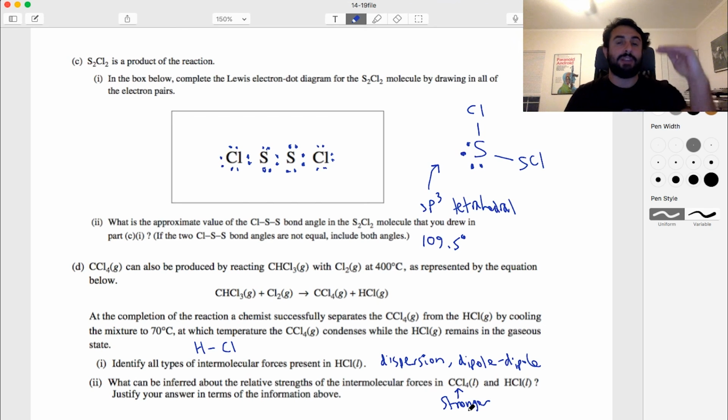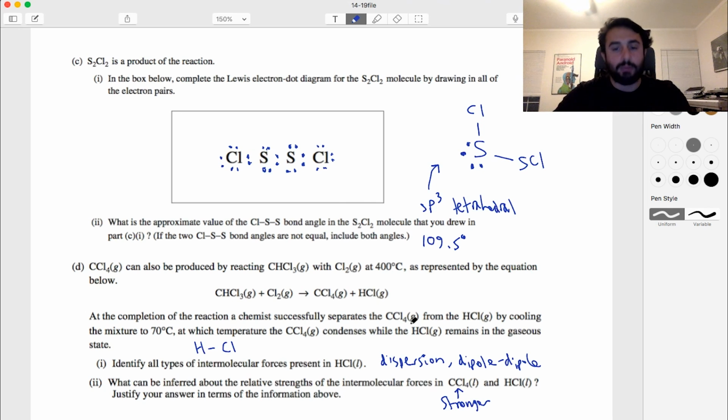It's going to have to go even lower in temperature until the particles are moving even more slowly, so that they can have a chance to stick together. Because their dipole-dipole interactions are weaker than the dispersion interactions for CCl4, because here it's because of molecular size, right? We have a very large, there's 4 chlorine atoms as opposed to 1, and so that's a very large and polarizable electron cloud, relatively speaking.